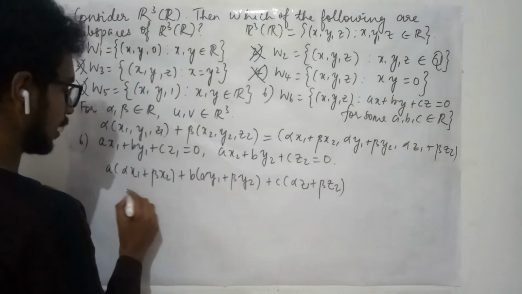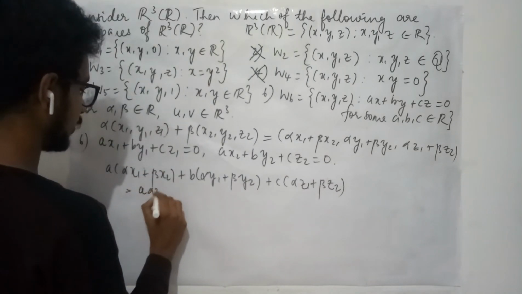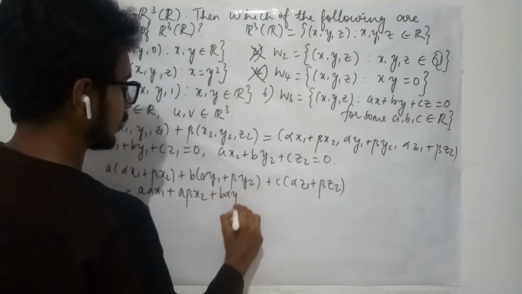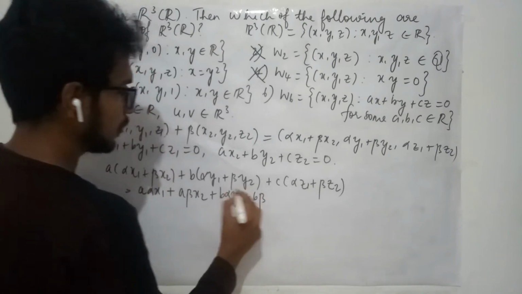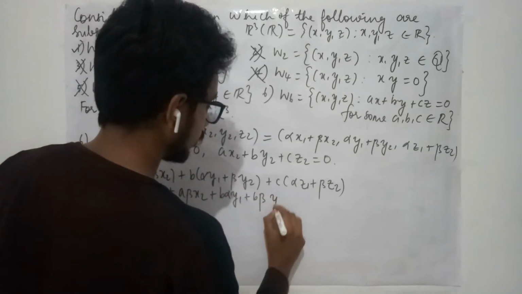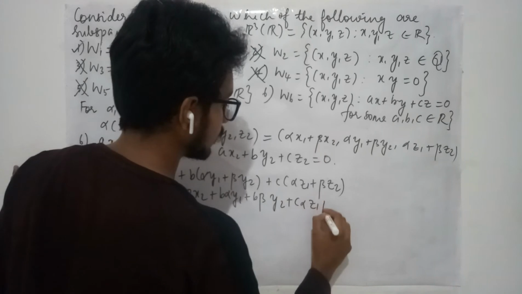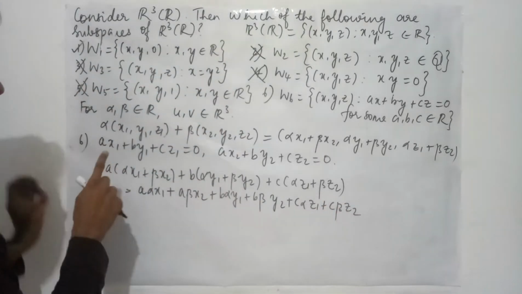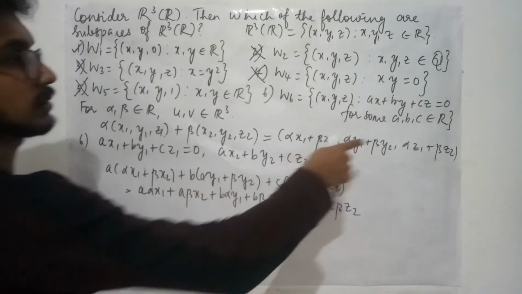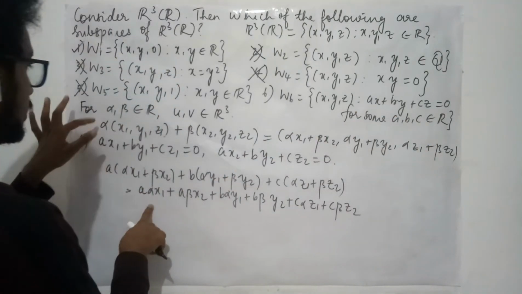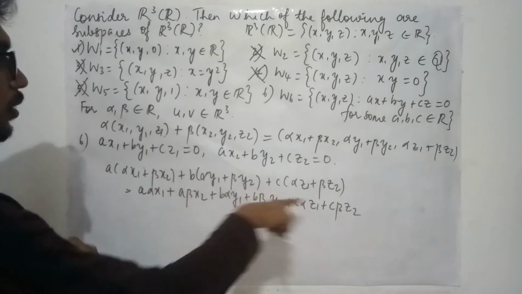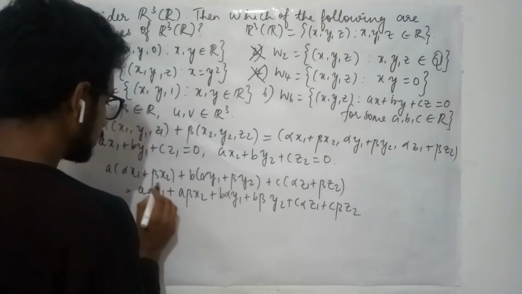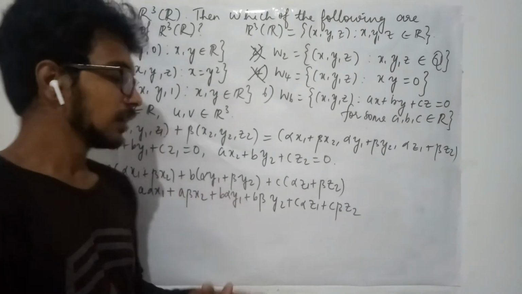Just multiply this a inside, so you will get a alpha x1 plus a beta x2, b alpha y1 plus b beta y2, plus c alpha z1 plus c beta z2. Here you can see that this a is taken from R, this alpha is taken from R, this x1, x2, all these quantities are taken from R. So now you may treat this as in real numbers.